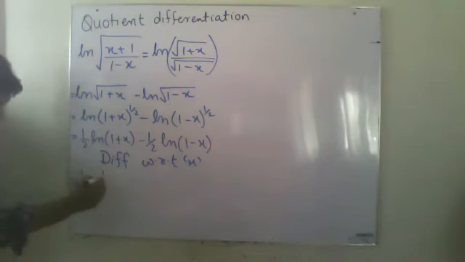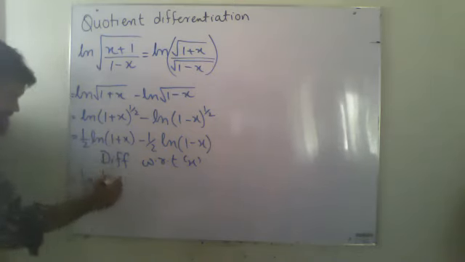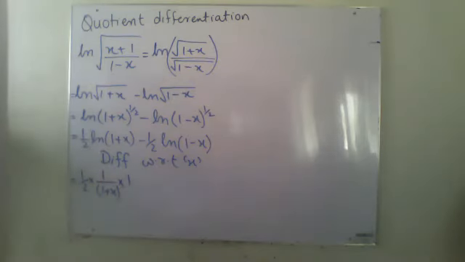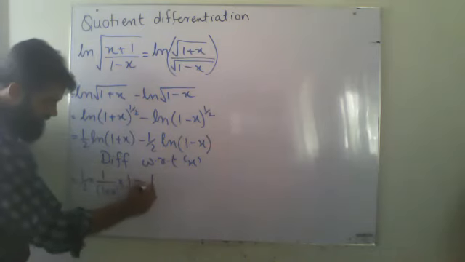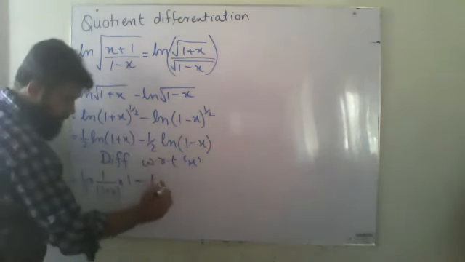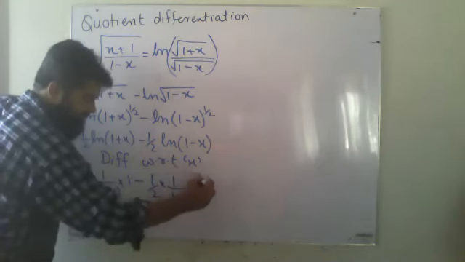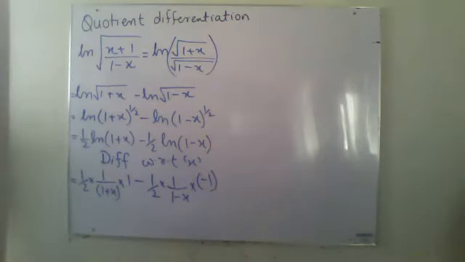Differentiation of ln: the multiple will be written in product form as its reciprocal, and then differentiation of the multiple. Coming to this, minus, the coefficient will be written as it is. ln means 1 over (1 minus x), and then differentiation of this will be minus 1.